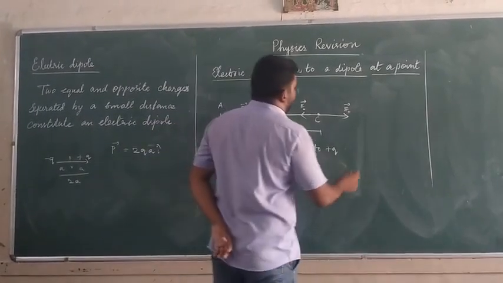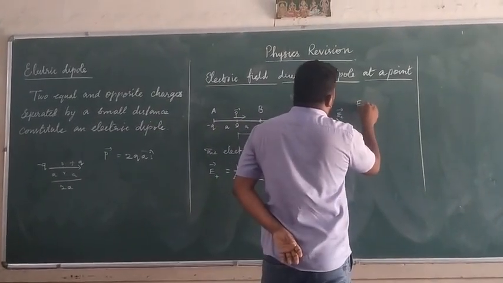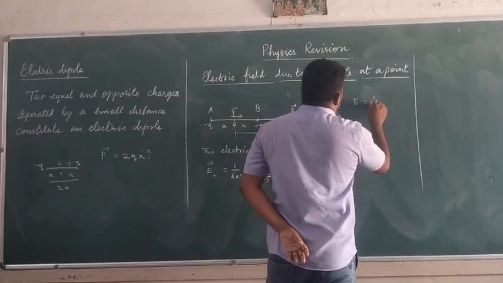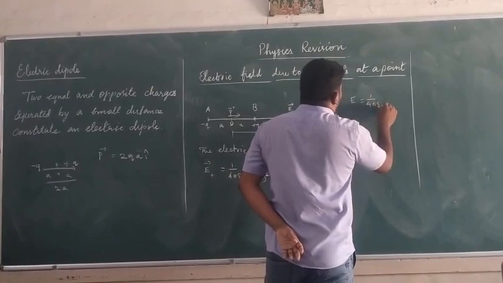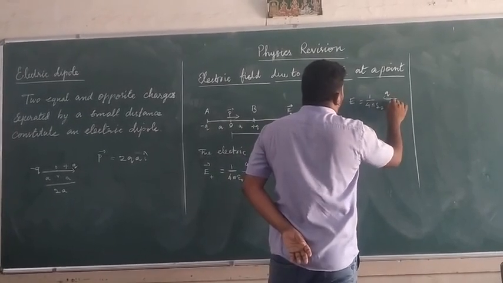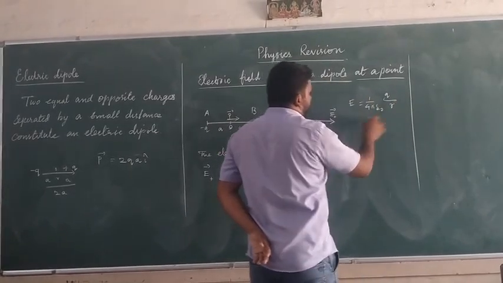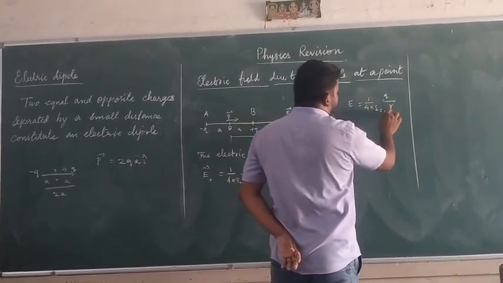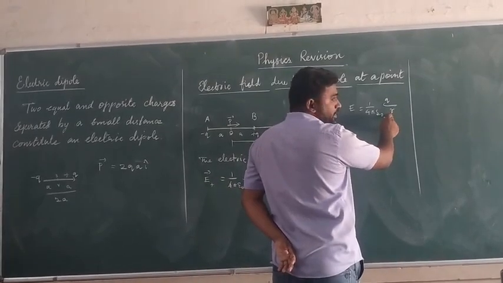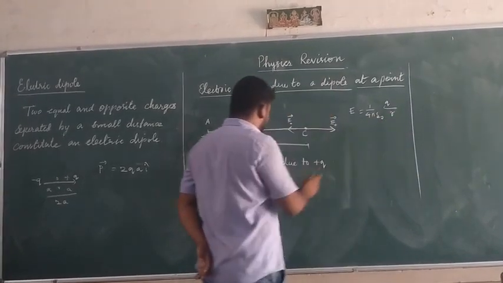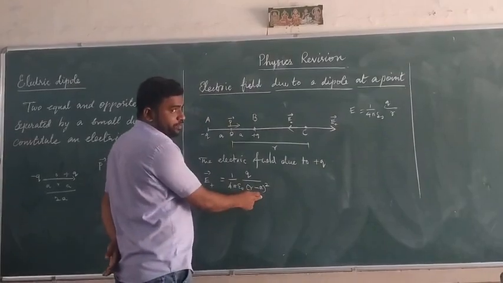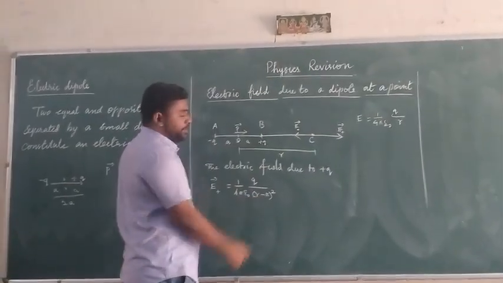We have the general formula for the electric field, 1 by 4 pi epsilon naught, q by r squared. So this is the general formula. r is the distance between the charges. So here r is replaced as r minus a.